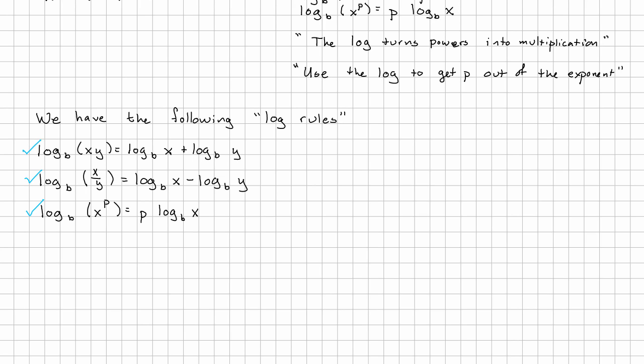We'll use the log rules to split up expressions that are inside a log, and we'll use the log rules to combine expressions into a single log. So we will use the log rules in this direction, and we'll also use them in this direction. And that's what we'll see in the next two videos.